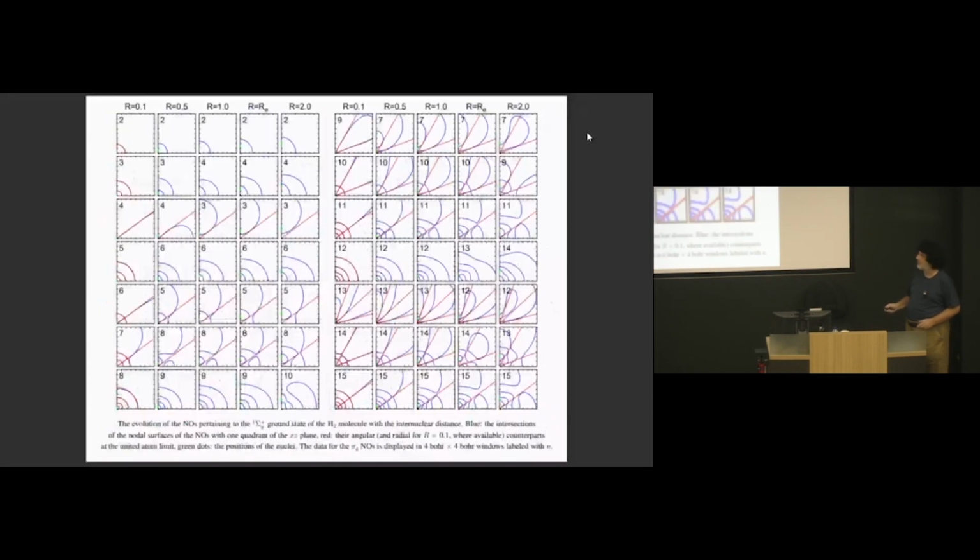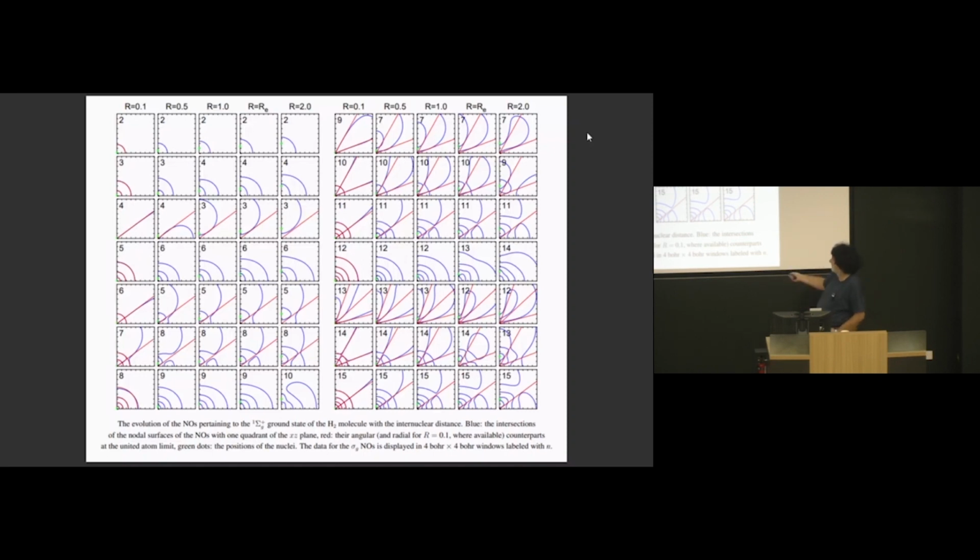What I have here is the following, different distances. Here is a distance of 1/10 of an atomic unit, up to 2. Here is the equilibrium distance. And what I'm plotting here are intersections of nodal surfaces of natural orbitals of the hydrogen 2 molecule at different distances.